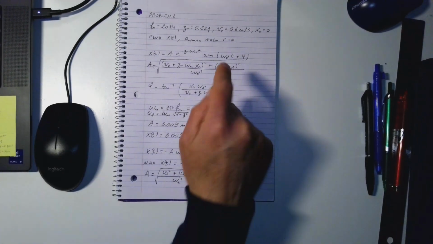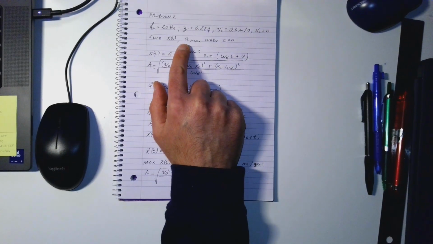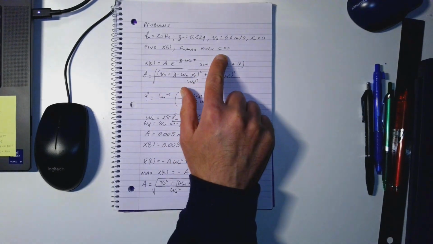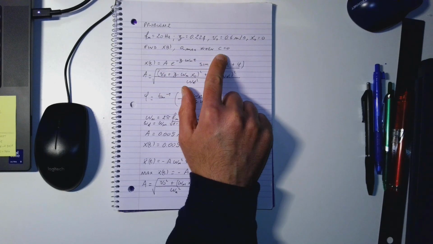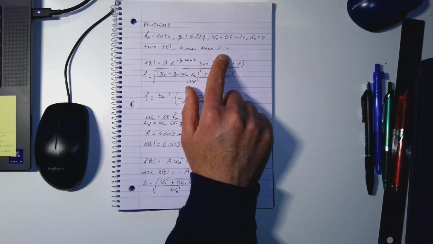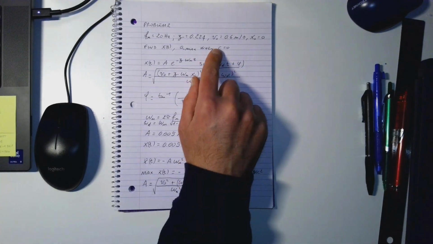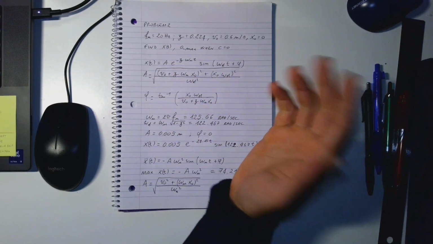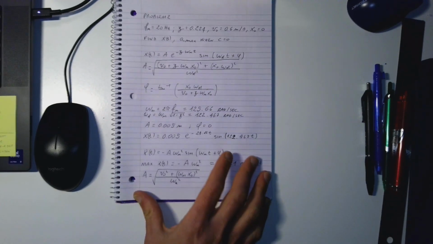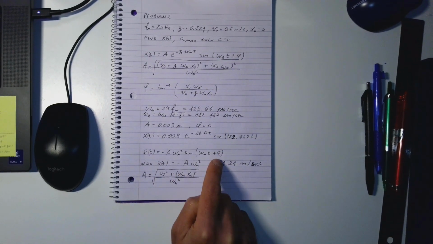For the second part, we were asked to determine the maximum amplitude when c is equal to 0. This was an important detail, because when c is equal to 0, it means that we go back to the previous condition: it's an undamped system. If c is equal to 0, we don't have any damping at all. We can recall the same expressions that we found before for the amplitude and the phase.